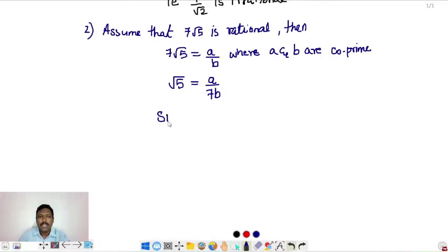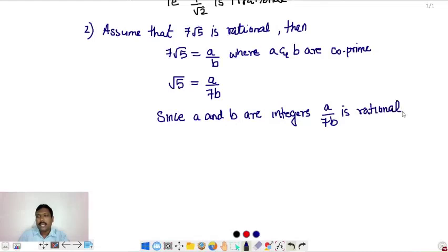Now as usual, since a and b are integers, a divided by 7b is rational. Therefore root 5 is rational. So we got root 5 is a rational number.